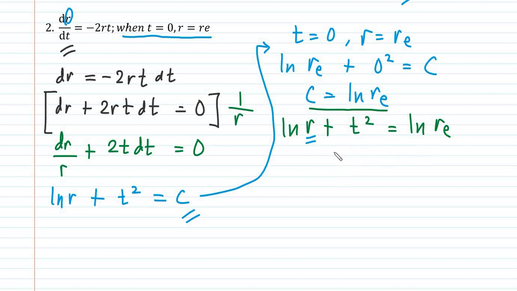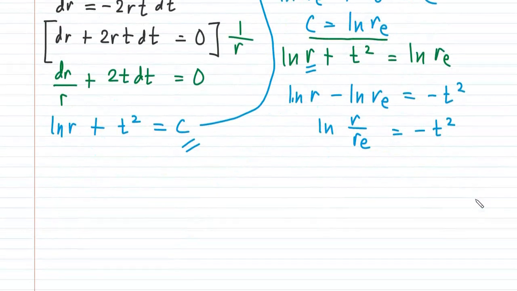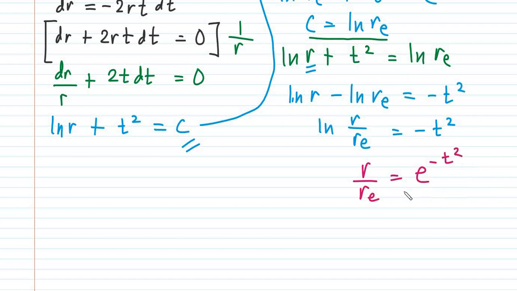So let's combine ln r minus ln r sub e is equal to negative t squared, and we can combine using properties of logarithm. Ln r over r sub e, and then finally we have r over r sub e is equal to e raised to negative t squared.